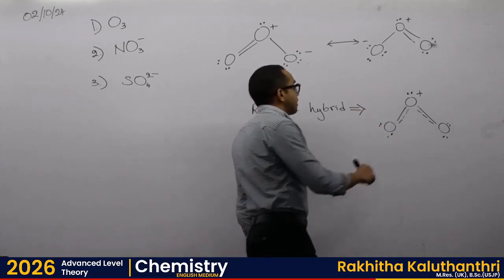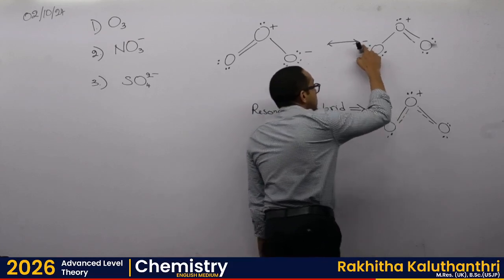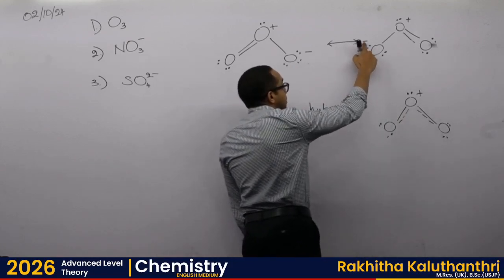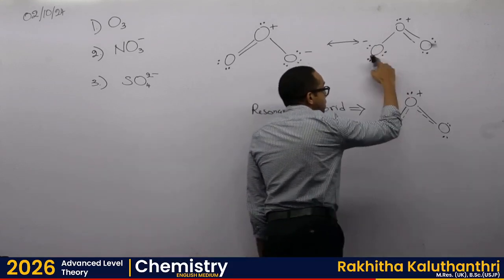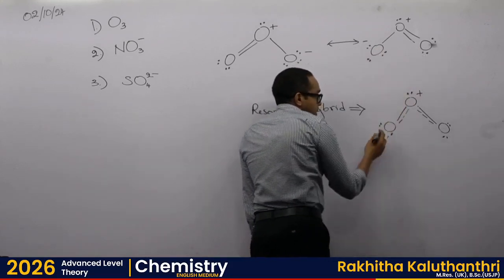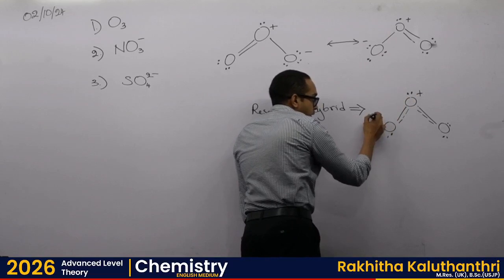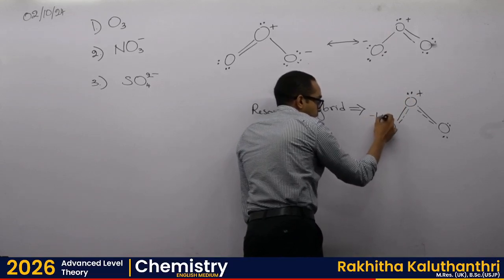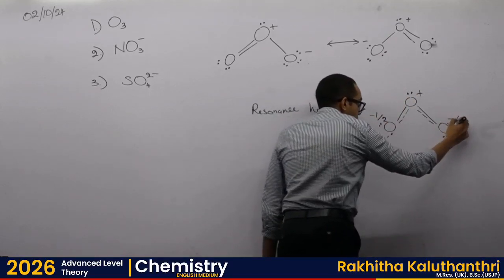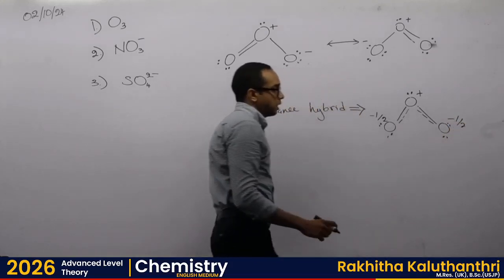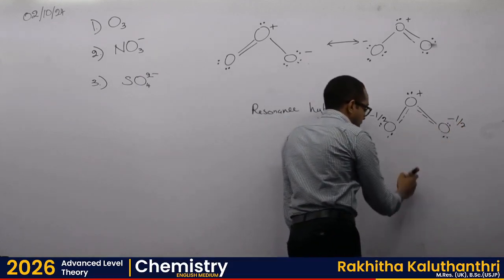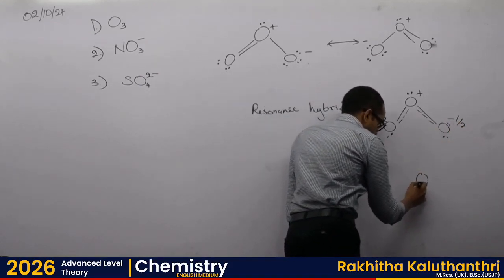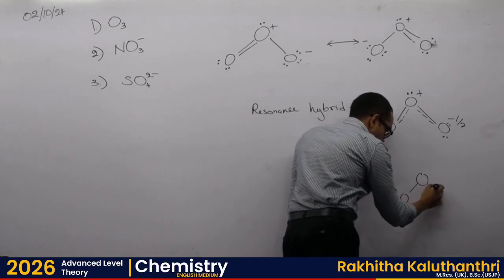Anyway, after that you can see this negative charge. So that negative charge keeps shifting between these two oxygens. So each oxygen has half of a negative charge. So that is a resonance hybrid. Usually the charge separation, if you want, you can show it like this as well.